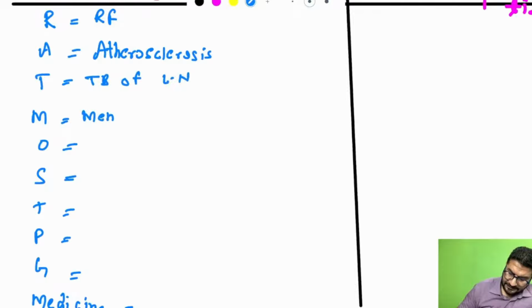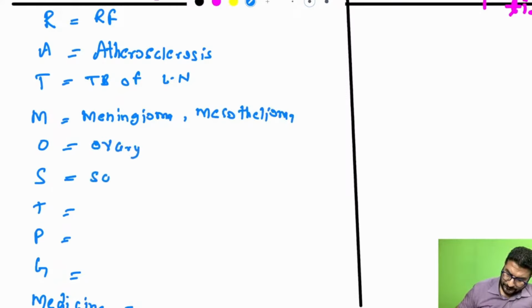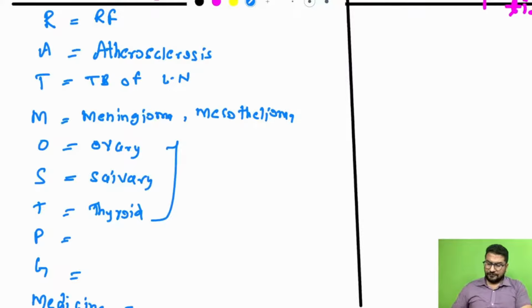M for meningioma, M for mesothelioma, O for ovarian cancer, S for salivary gland, T for thyroid. और इन तीनों के किस में you will notice where in papillary cancer of all these three.